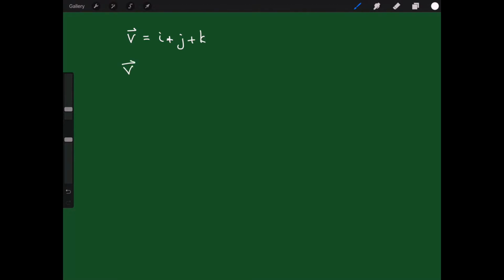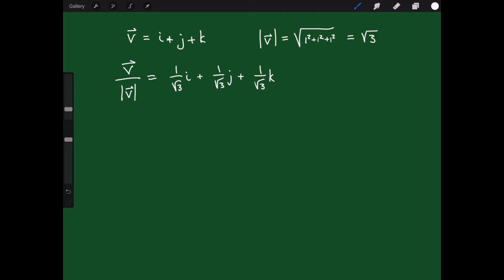Well, let's look at v divided by the magnitude of v, which is just a unit vector. What's the magnitude of v? The magnitude of v is the square root of 1 squared plus 1 squared plus 1 squared. In other words, it's the square root of 3. So I'd like to divide the vector v by the square root of 3. If I did, I'd get 1 over root 3 i plus 1 over root 3 j plus 1 over root 3 k.